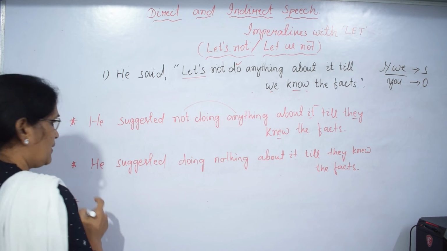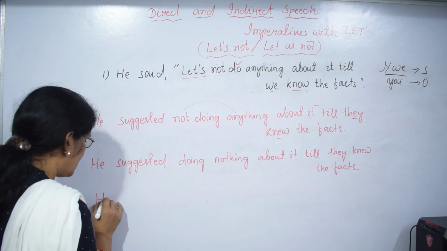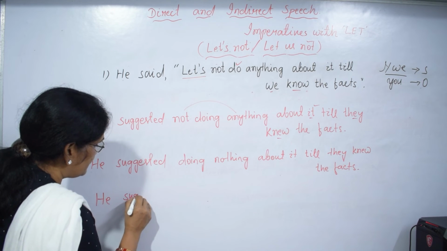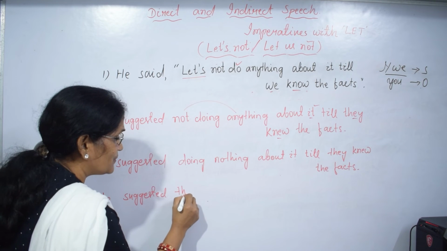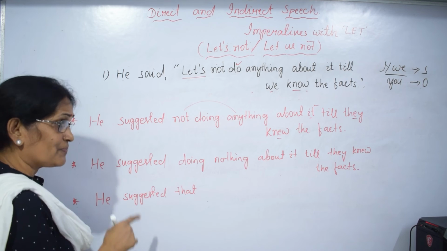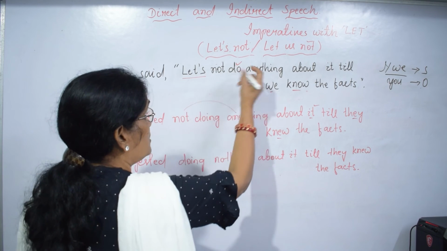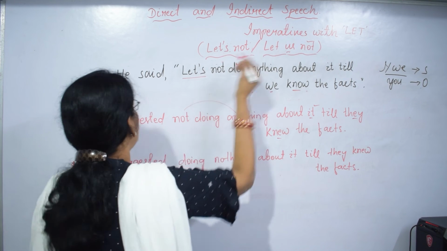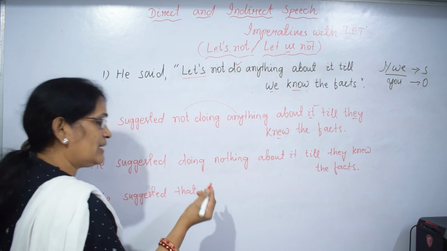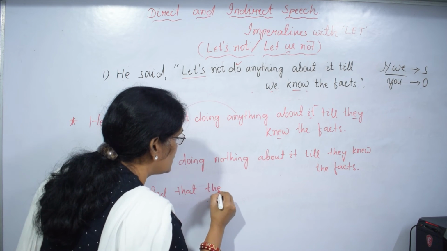Then third way also you can write, he suggested that. Use conjunction that, us. So it is a first person pronoun, it will be changed as per speaker. So it will be what? They.